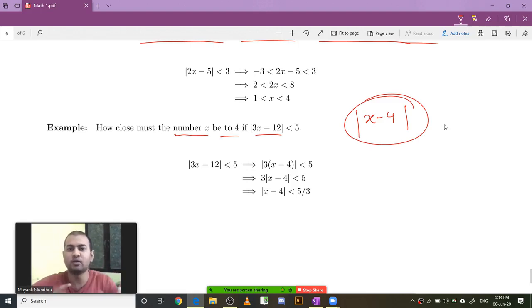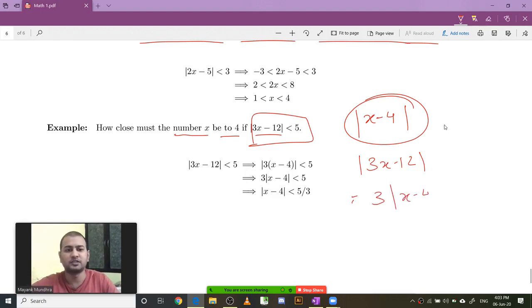So I want to rearrange this in terms of mod of x minus 4. Mod of 3x minus 12 is basically 3 times mod of x minus 4. So mod of 3x minus 12 less than 5 implies 3 times mod of x minus 4 is less than 5, which implies mod of x minus 4 is less than 5 by 3.